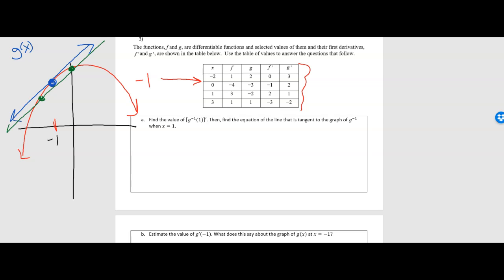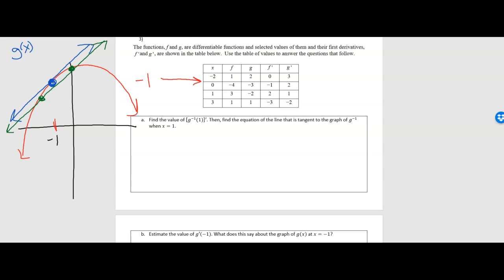If I can find the slope of that secant line, well, the closer those 2 points are to negative 1, the better that slope is going to be representative of the slope of the blue line. So the closer those green points are to negative 1, the better the slope of the green line will represent the slope of the blue line. So we're just going to find the slope of the secant line using the 2 points closest to x equals negative 1.